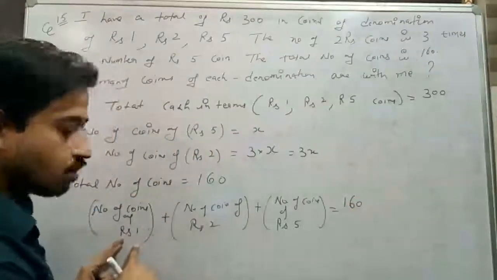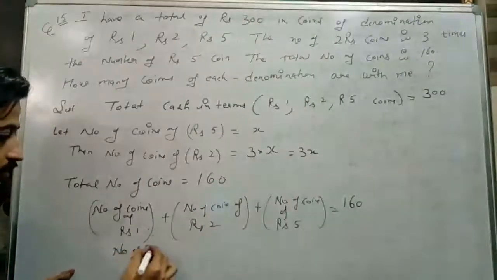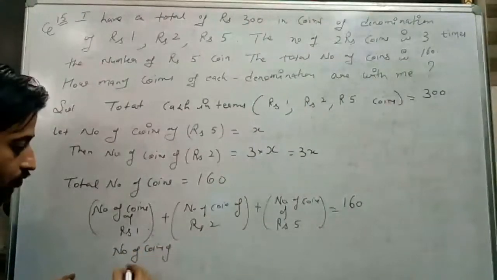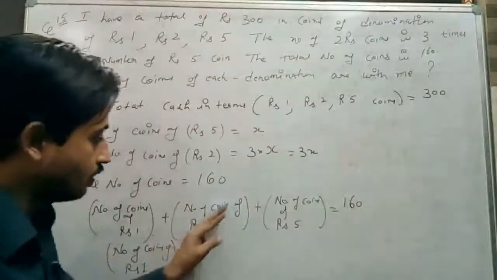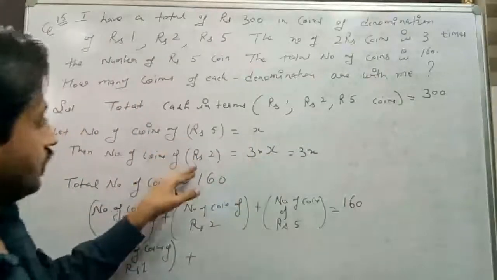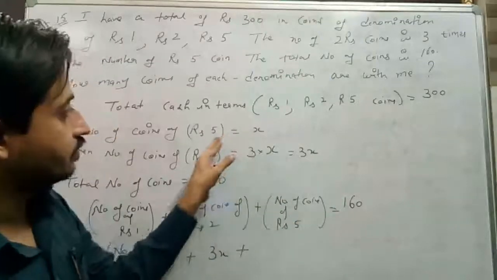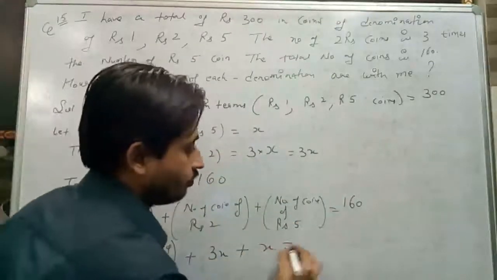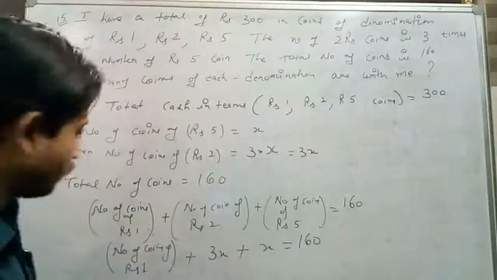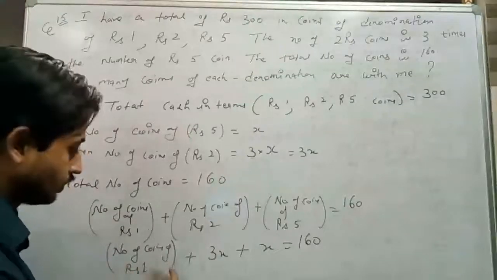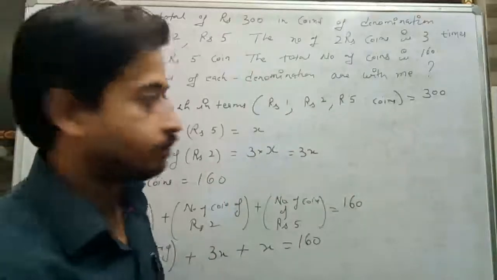And we have to calculate the number of coins of rupees 1. So this term is as it is, number of coins of rupees 1, plus number of coins of rupees 2 is 3x, plus number of coins of rupees 5 is x, which is equal to 160.